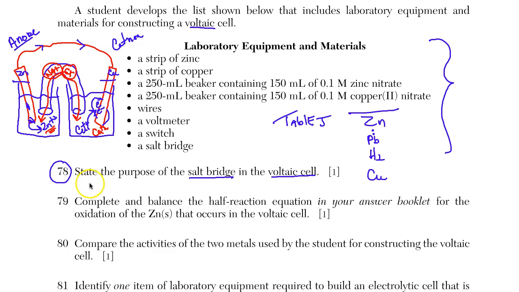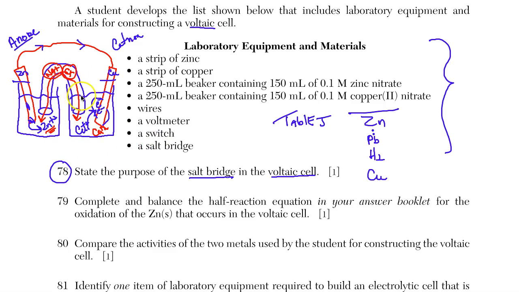Only ions flow. You certainly could also state that it allows the ions to flow. Both of those are acceptable. And I went through all of this so you can understand how this works, because sometimes they may ask what ions will flow. So the purpose of the salt bridge is to maintain electrical neutrality so that these beakers don't get positive or negative so electrons can flow.